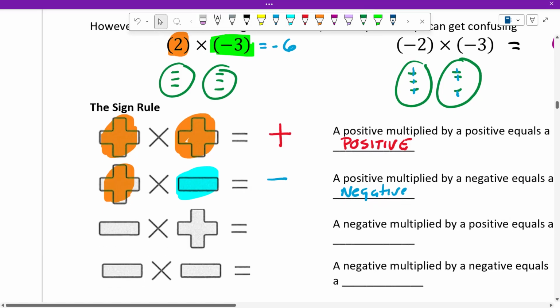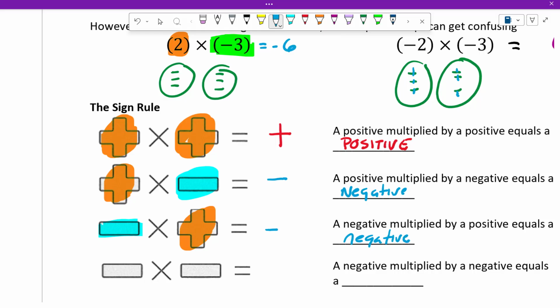Now, if we do a negative times a positive, that's just the exact same thing. We flip the numbers around. It doesn't really make a difference. The answer is negative. And the last situation is if you have a negative times a negative, then the answer ends up being positive, like the last scenario, negative 2 times negative 3. Two groups of the opposite ends up being positive. So you want to memorize these 4 situations.